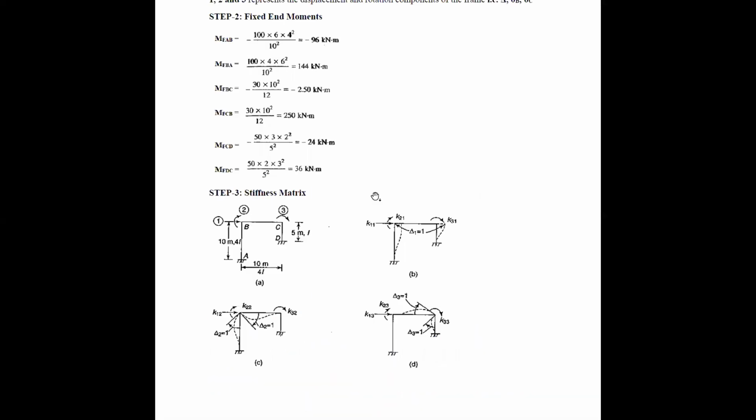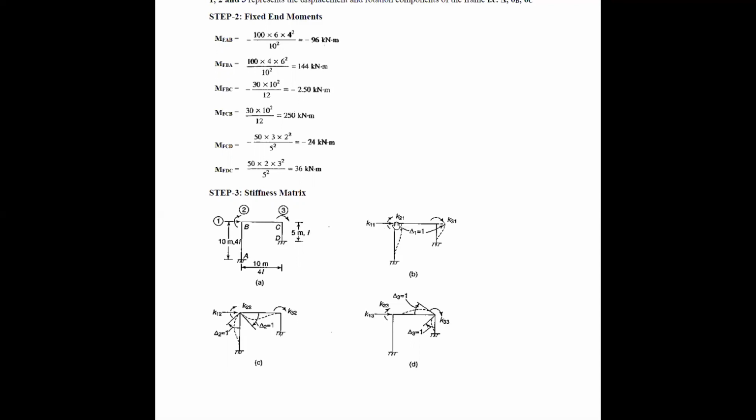Going to the next step, if you see K11, it corresponds to the translation at this joint. Because the frame is under sway condition, the 2 columns will be displaced. So in order to calculate the translation for these columns, we need to take 12EI by L cube plus 12EI by L cube with their corresponding moments of inertia.